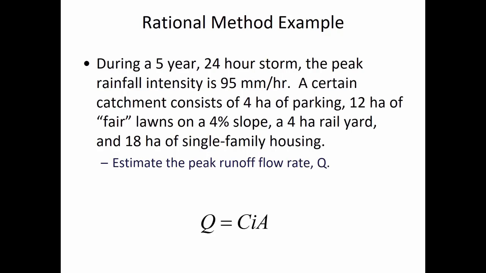So when I substitute into Q equals CIA, I'm going to have this average C value of 0.495, the intensity of 0.095 meters per hour, and then our area, the overall 38 hectares. By the way, if you're not already acquainted, 1 hectare is 10,000 square meters. So we've got 38 times 10,000, and that's meters squared.